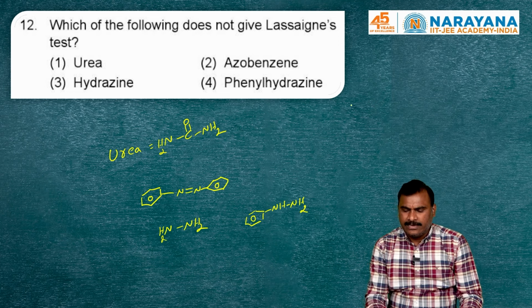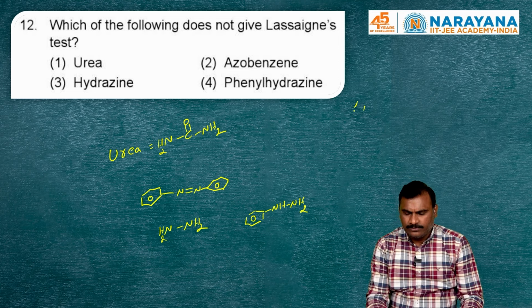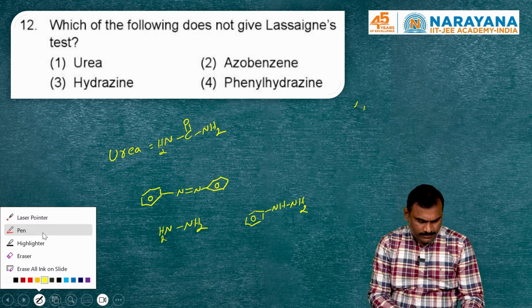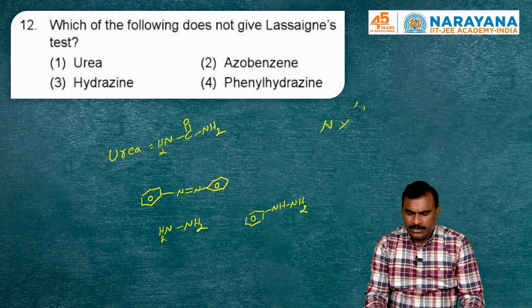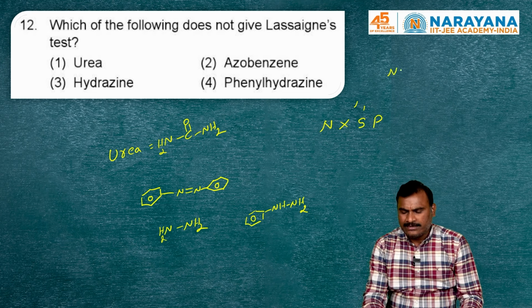Lassaigne extract is generally used for extra element identification, that is nitrogen, halogen, sulfur and phosphorus. To identify nitrogen, what is required? Sodium plus carbon and nitrogen combine and produce NaCN.